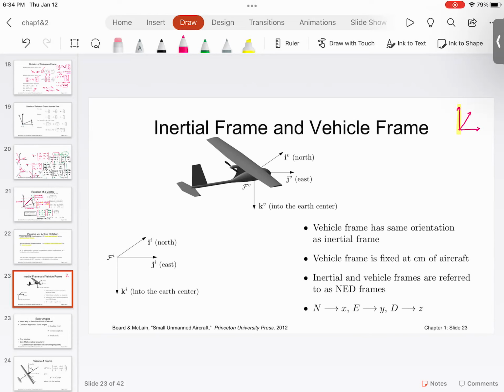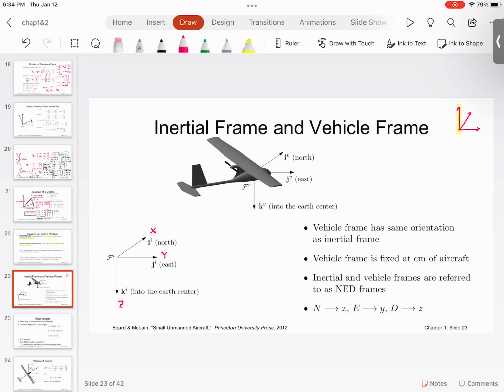And again, we use a right hand coordinate frame. So curl your fingers, last two fingers. This is x, this is y, this is z. And when you have north, east, down, north is always x, east is always y, and down is always z. So you have north, east, and down.